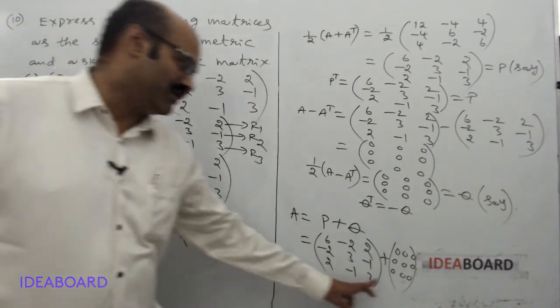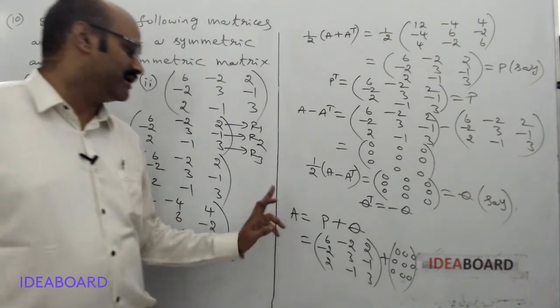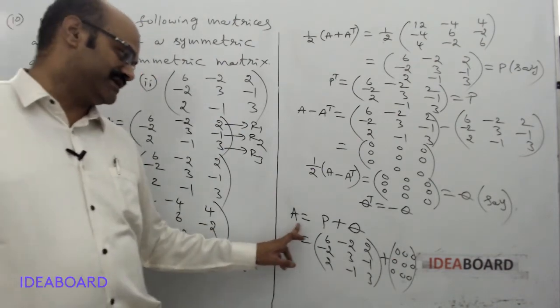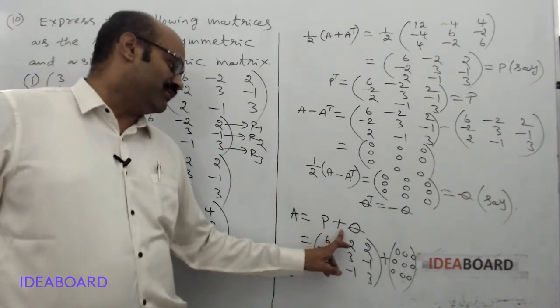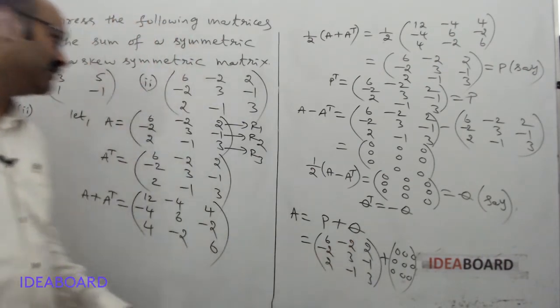If you find the sum of these two, we get the given matrix A. Therefore, every matrix can be expressed as the sum of a symmetric matrix and a skew symmetric matrix. Hence proof.